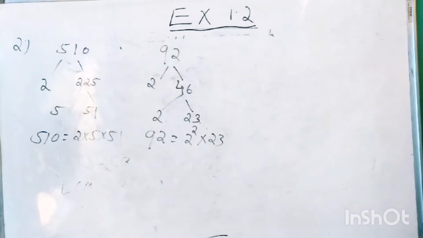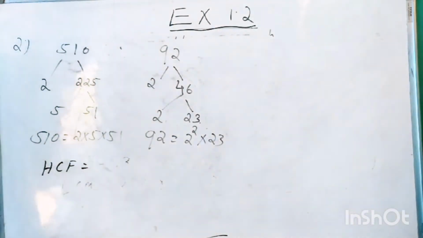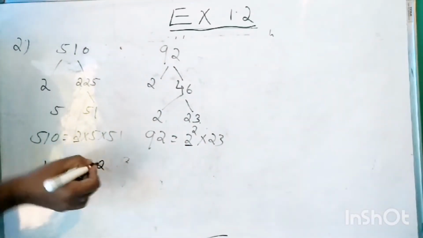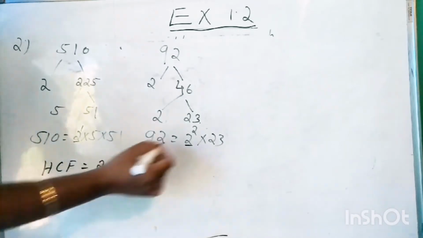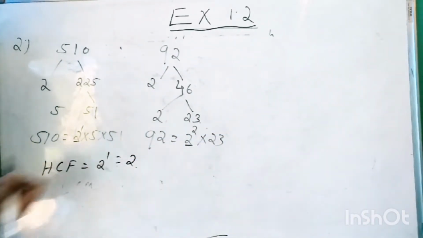Now we need to find the LCM and HCF, and verify whether the result is true or not. HCF: we need to write the common prime factors. Here the common prime factor is 2, and the smallest power: here the power is 1 and here it is 2, so the smallest power is 1. So HCF is 2.